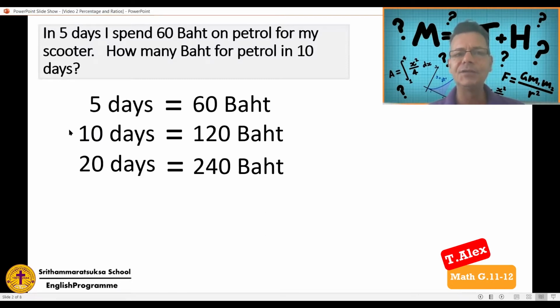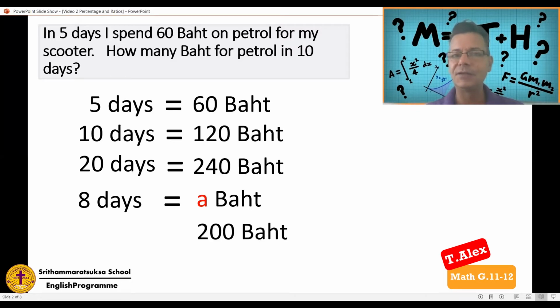Now these numbers are quite easy to work with. What about 8 days? Well, it's somewhere between 5 and 10, but this is not so easy to do in your head. I will say it is A. We don't know. We will see how to work this out in a minute.